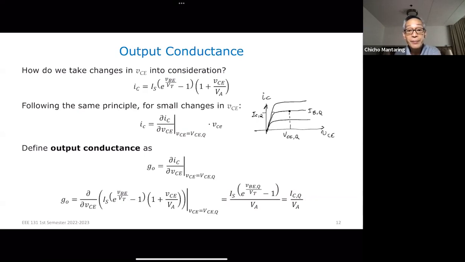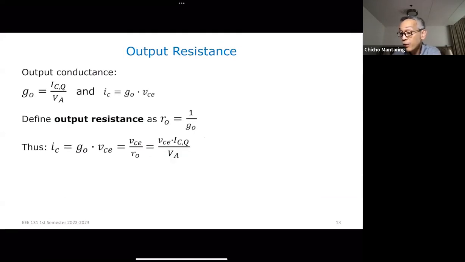Any questions? Okay. So this is my output conductance now. And if I want to determine my change in IC with respect to change in VCE, I just multiply that now by my output conductance. Now, we define the output resistance as 1 over the output conductance.